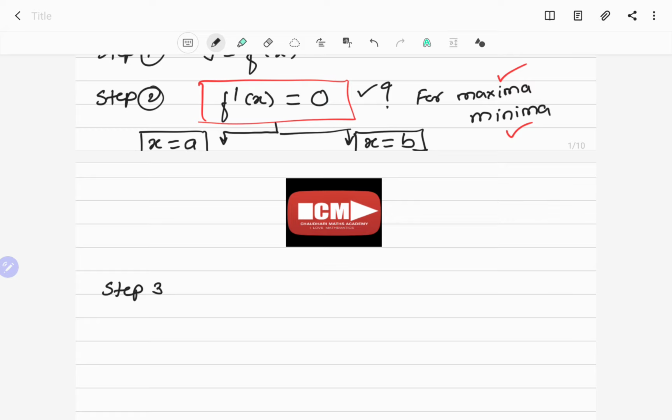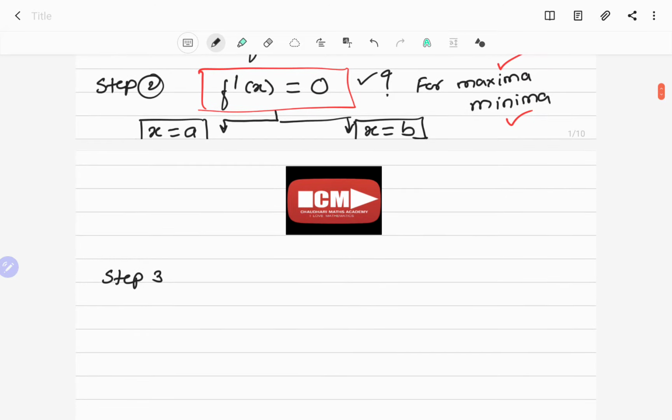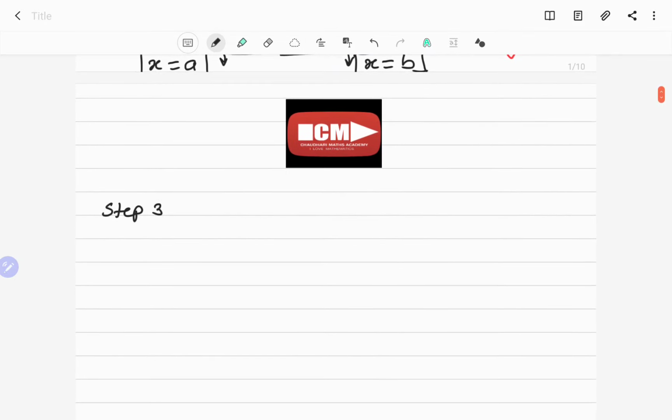Maybe sometimes you will get three values of x, but at the most, in your examination you will find one or two values. So let's consider that after simplifying the first derivative equal to 0, we got these two values of x, that is x equal to a and x equal to b.